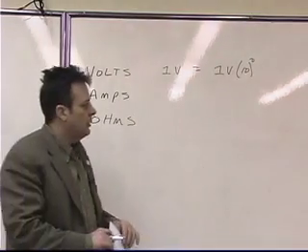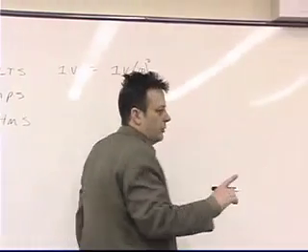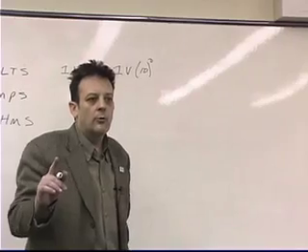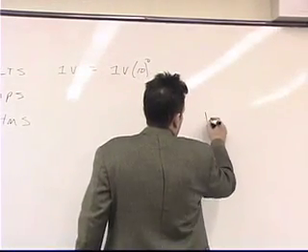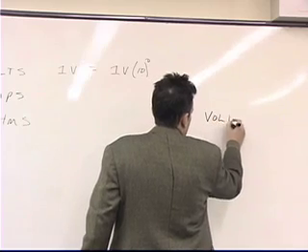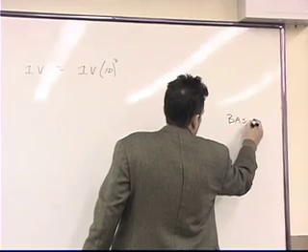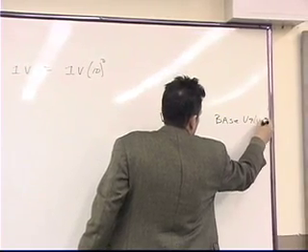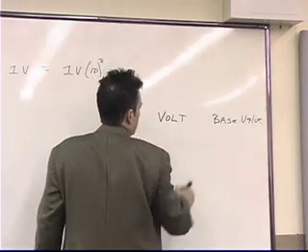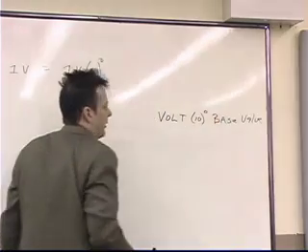So let me give you an example of the metric prefixes for volts. Let's start out with volt, and this is the base value, because it's times 10 to the 0 power.